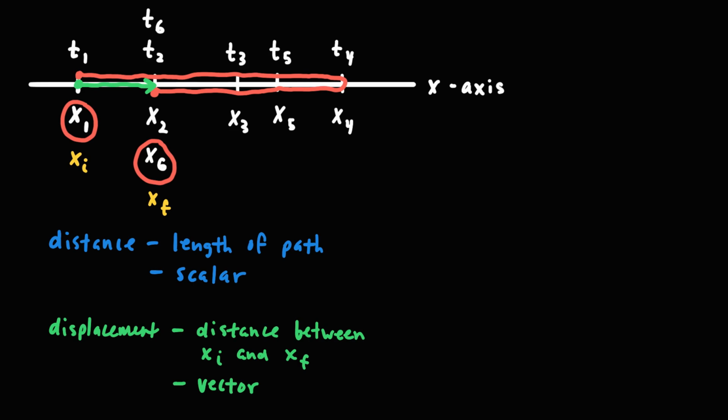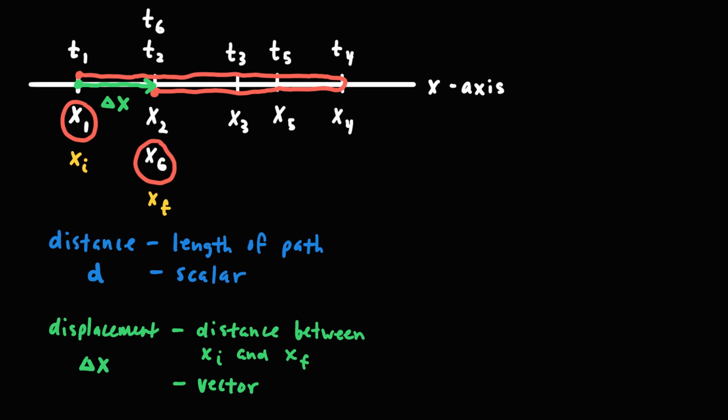Vectors can be represented with arrows. Here this arrow represents the displacement vector from position x1 to x6. Displacement is a quantity that we will typically use the symbol delta x for. So displacement is often symbolized by delta x, and distance is often symbolized by just a letter d.